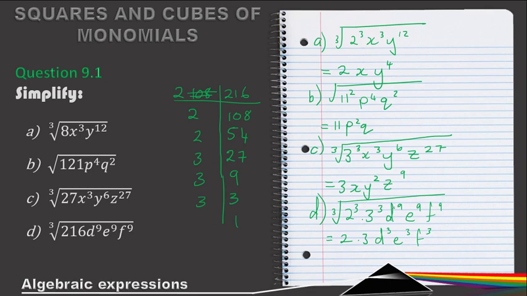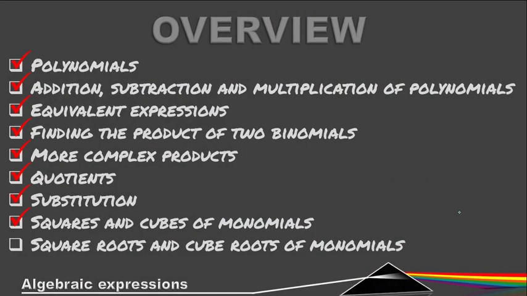This is if I divide all my exponents by 3. Just to simplify this, we then have 2 times 3, which is 6, d to the power of 3, e to the power of 3, and f to the power of 3. Okay, so now that was the final subsection, so that means we are finished.